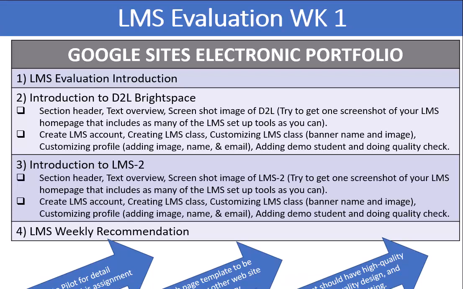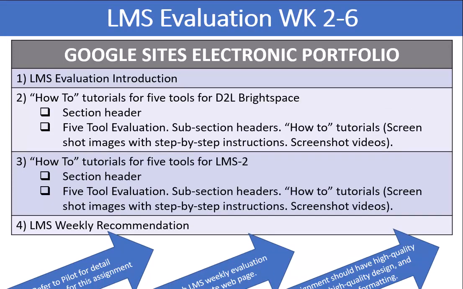This will continue in weeks 2 through 6, where you will have different content, but the format will be the same. It will start out with the learning management system evaluation introduction, and then you will do a how-to tutorial for the 5 tools for D2L Brightspace. Each week within weeks 2, 3, 4, 5, and 6, you will have 5 different tools.